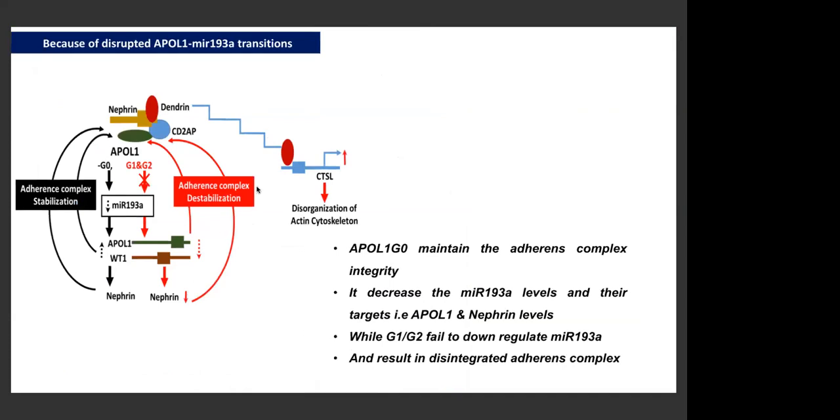So this was a summary of this work: nephrin, CD2AP, and dendrin are in very close proximity with each other, and APOL1 is a part of this complex. So when there is a disturbance or a decrease in the expression of these proteins, or they are not functioning properly, dendrin gets translocated into the nucleus, and it causes cathepsin L transcription and cytoskeleton degradation.